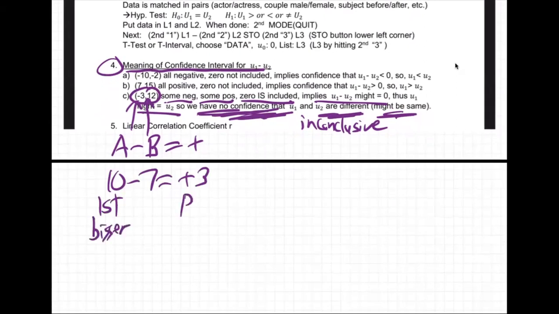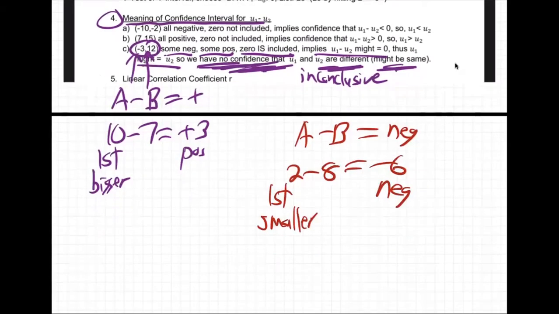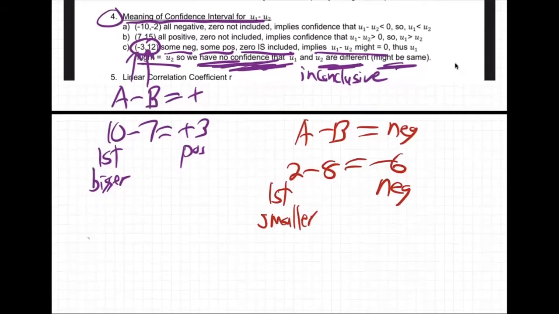But if you're subtracting 2 numbers and you get a negative answer, if you go a minus b and you get negative, that might be like 2 minus 8, you get negative 6. The first number is smaller if you get a negative answer. Now, what if you get 0? What if I took a minus b and I got 0? Well, that means they're the same. That'd be like 7 minus 7 is 0.